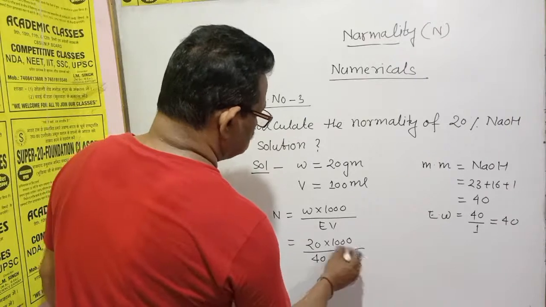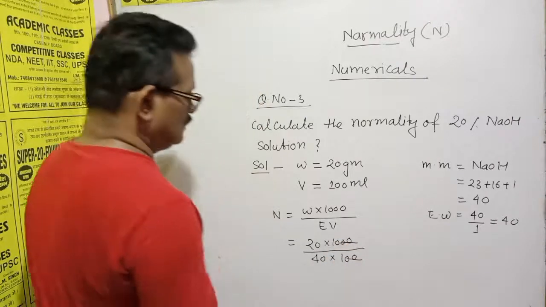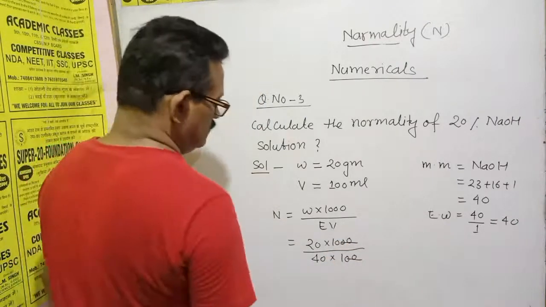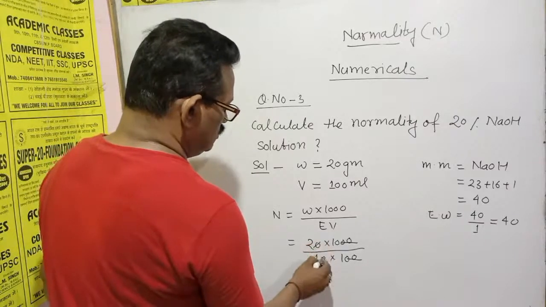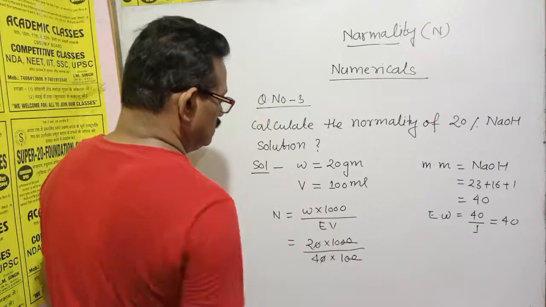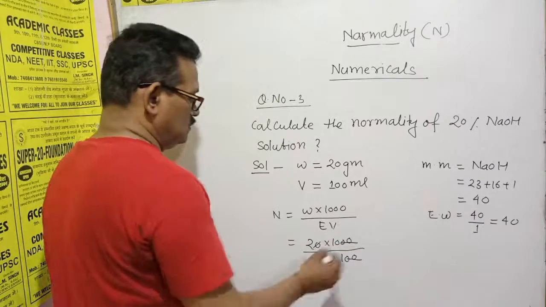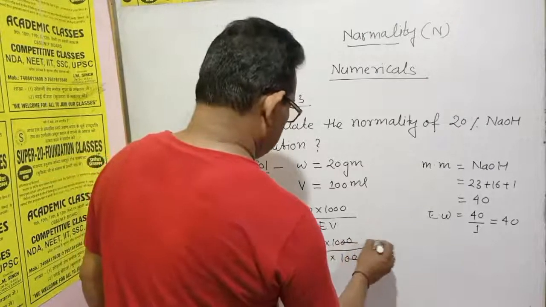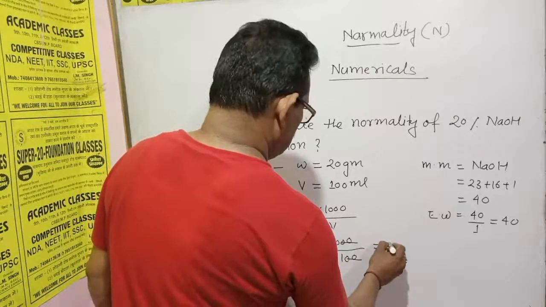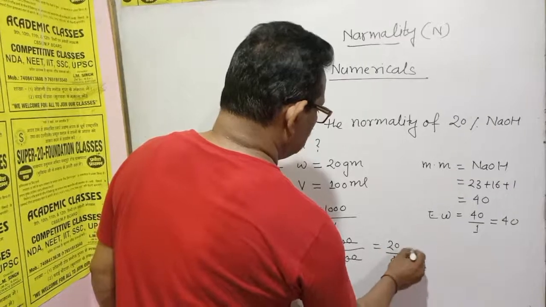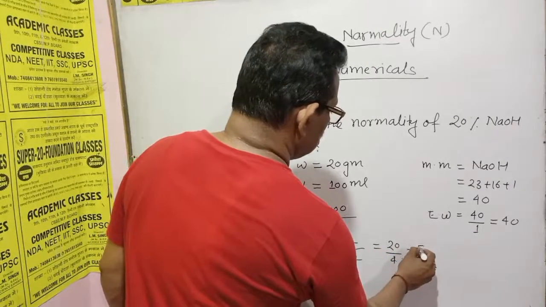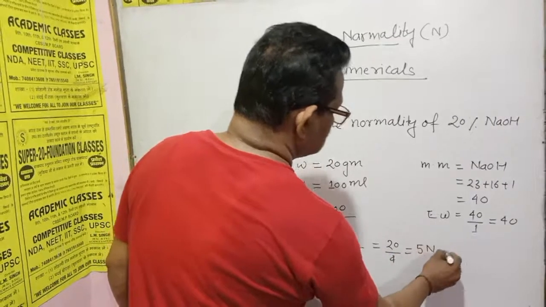Then you cross 20 and 20, and also cancel out 0 to 0, then 20 upon 4 means your answer will be 5 N. This is your answer here.